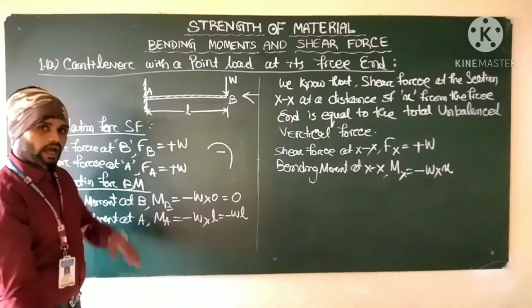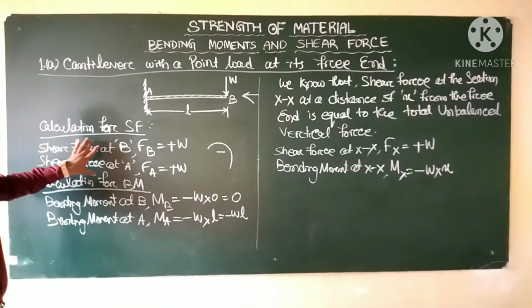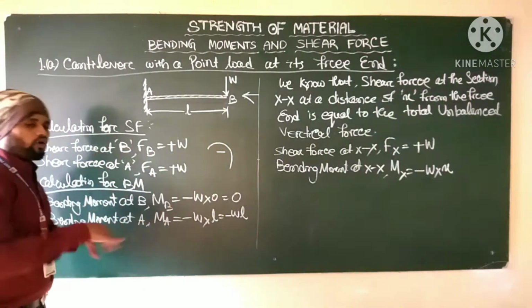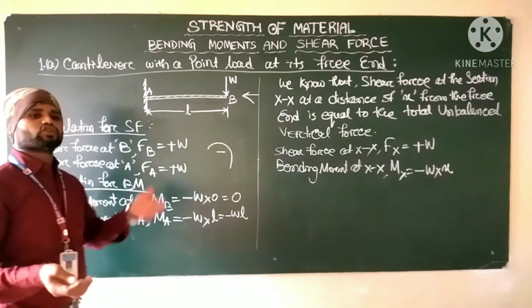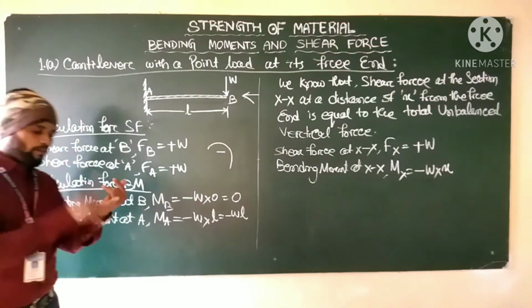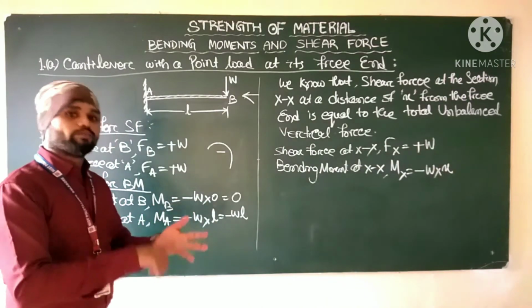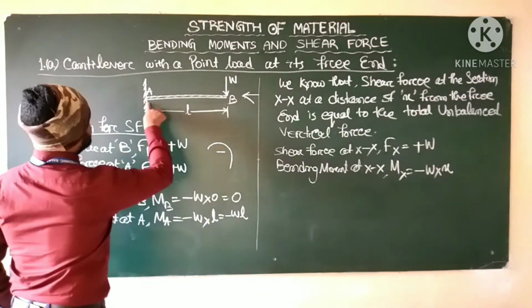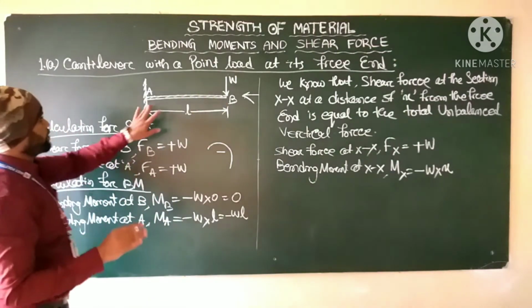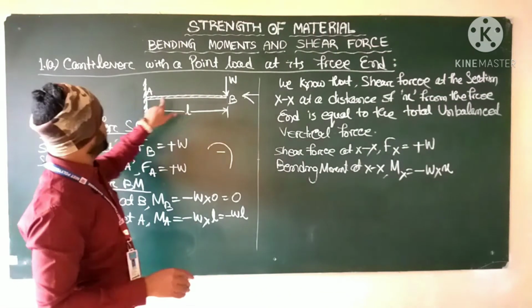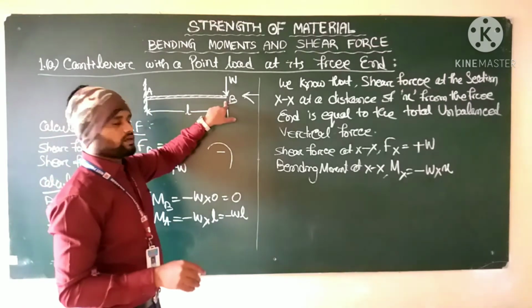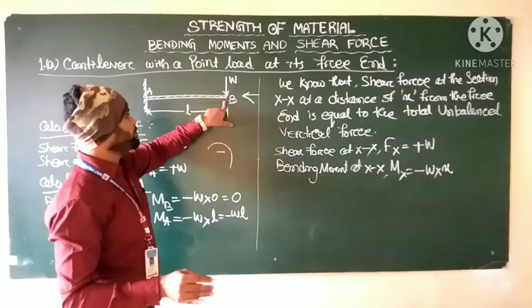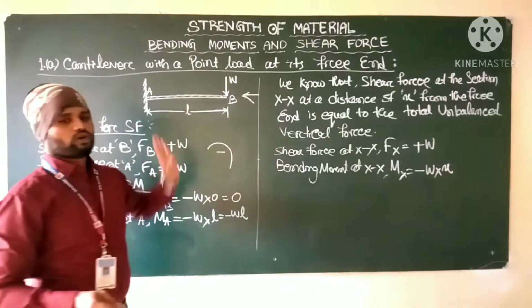See, again I will describe. In case of shear force, we only calculate the force. But in case of bending moment, we calculate the force into perpendicular distance. Here there are two points, A and B. Point A is fixed, and B is the free end, and at the free end a point load W is applied.